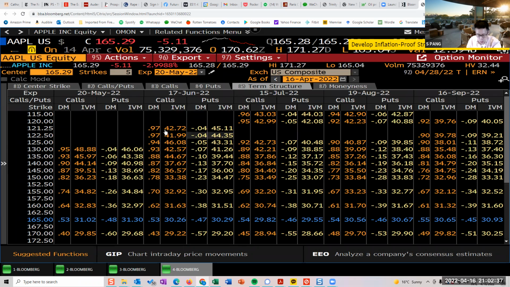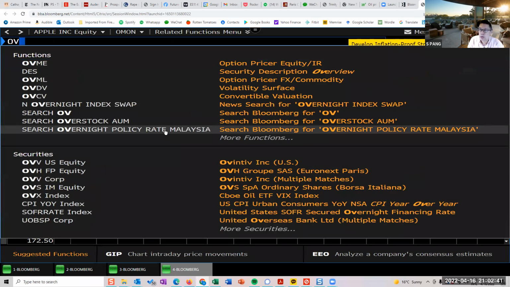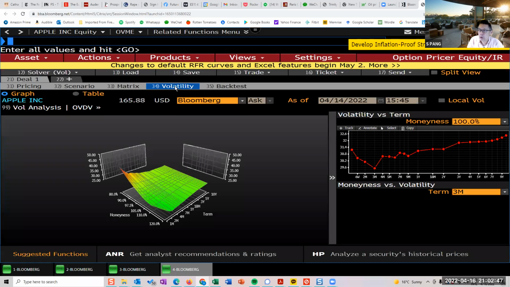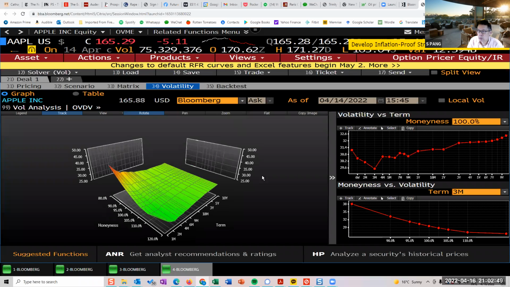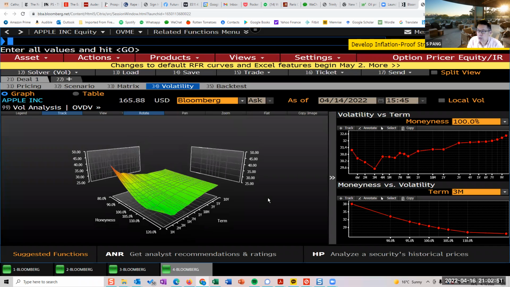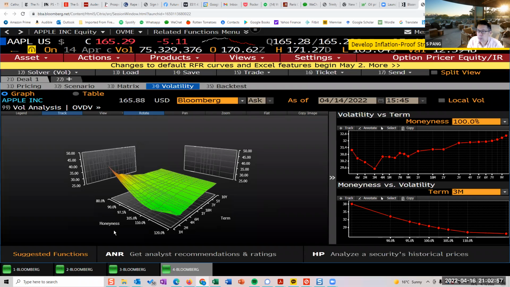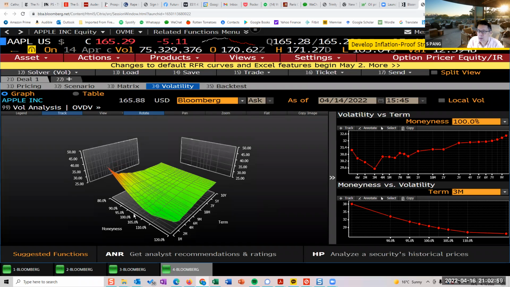But if you go to OV, which I did just now, and then you go to volatility, it is now showing all those numbers that I was showing you, but in a three-dimensional summary. There's moneyness. If it's 100%, that is at the money, but I think it's at the money forward, not at the money spot.